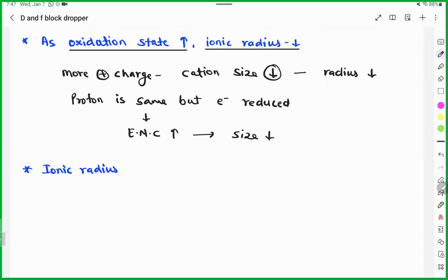Does it have something to do with lanthanoid contraction? Reason is the same. Along the period, size normally decreases. By the way, whenever I am writing in this blue color, basically this is a question. Ionic radius of the transition element is small than representative element. Samarth, what is the reason?